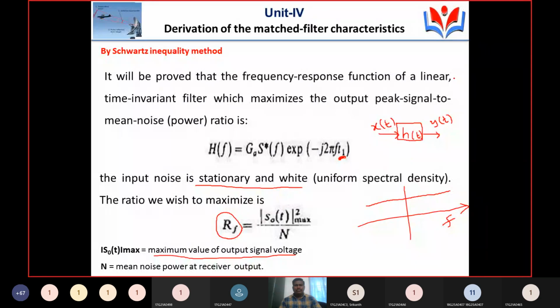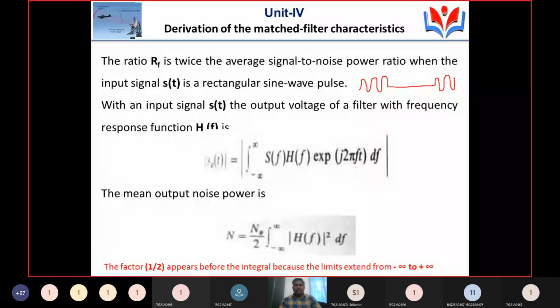When the input signal is S of t, the output voltage of the filter with the frequency function h of f is defined like this. The output of the matched filter, S naught of t, is obtained when the signal is passed through the filter, which has some frequency response h of f. So we have h of f into S of f.